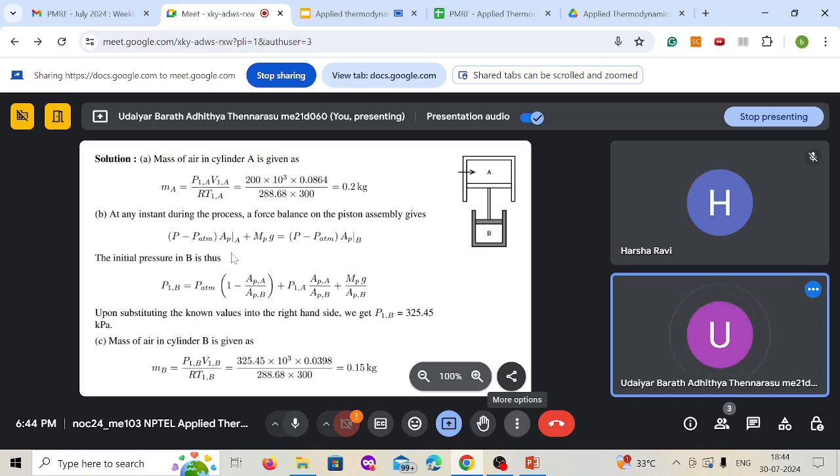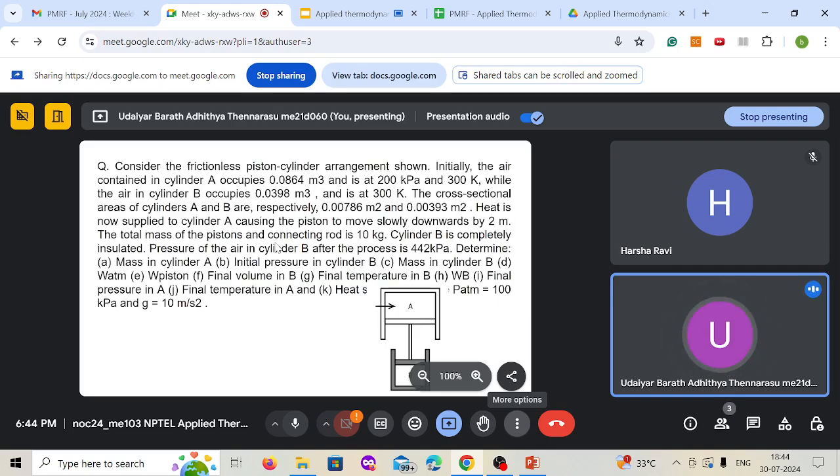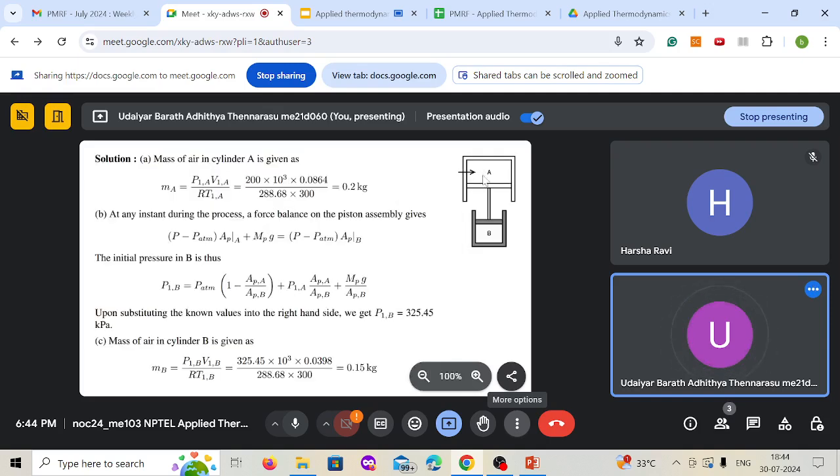Here we know the atmospheric pressure, which is given as 100 kilopascal. We know g, assumed to be 10 meters per second square, and we know the initial pressure. So the only unknown is the cylinder B pressure, and from here we can find the initial pressure in cylinder B.